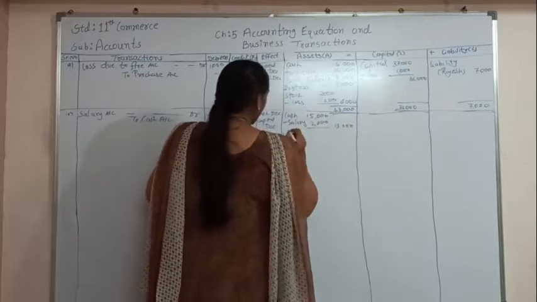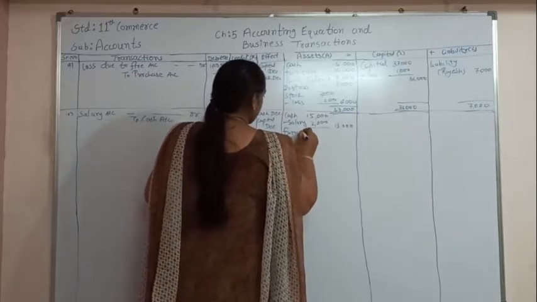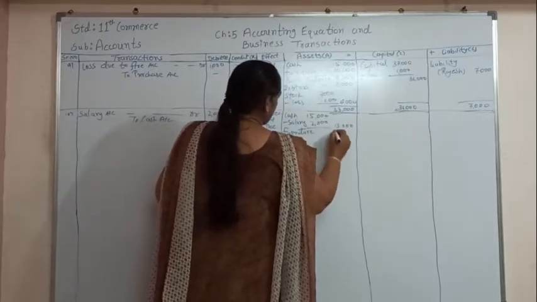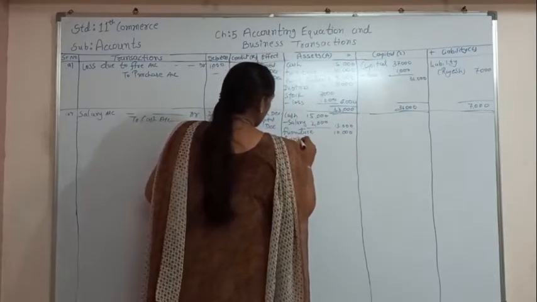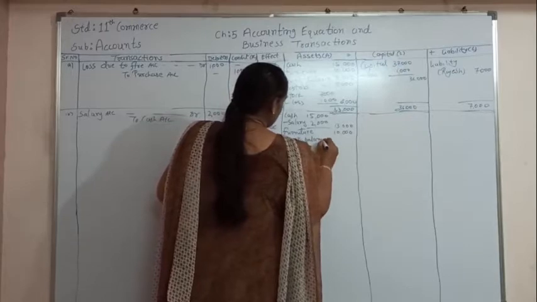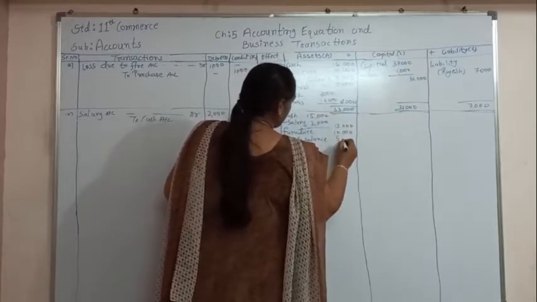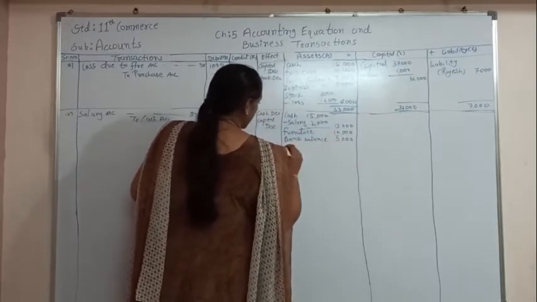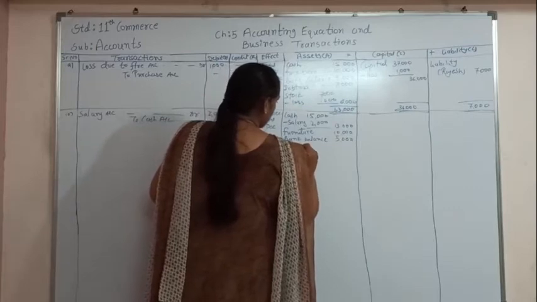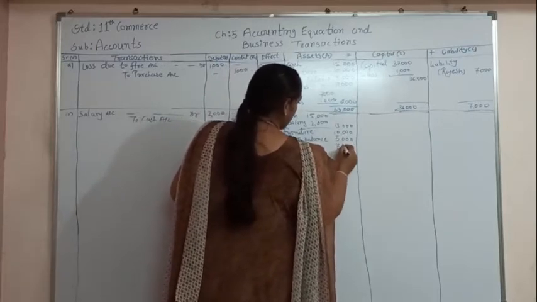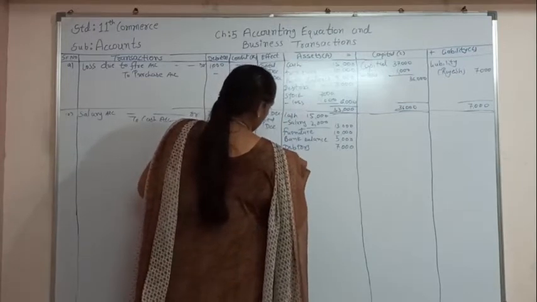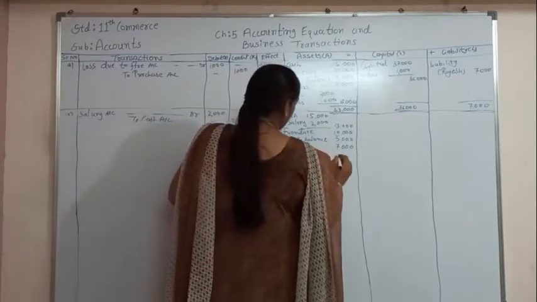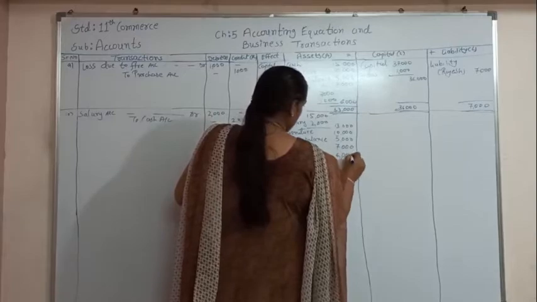Now furniture is of rupees 10,000. Then bank balance is of 5,000. Then debtors is of rupees 7,000. And stock is of rupees 6,000.